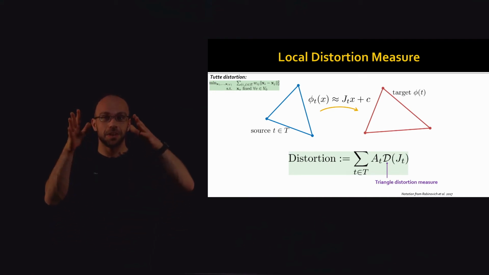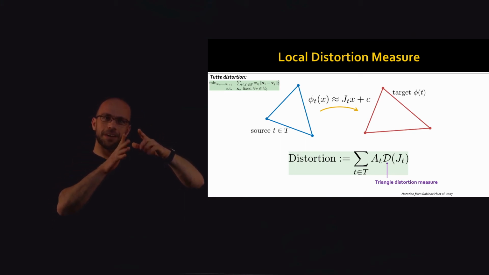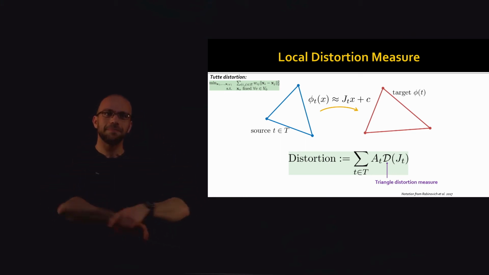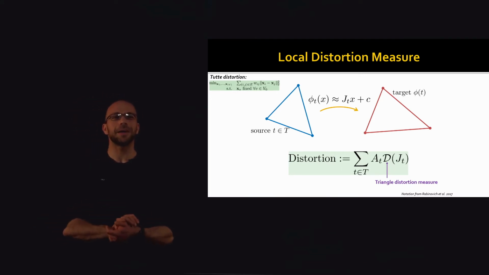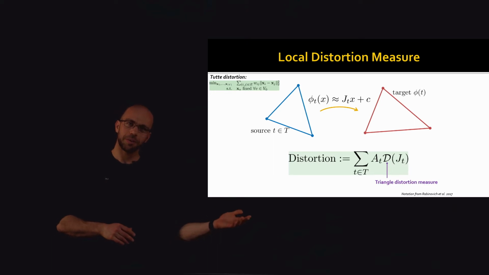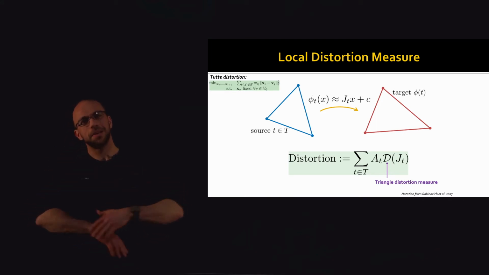Which is telling you for each triangle on my 3D surface, maybe it's already cut into this topology, where should its vertices go in the plane? So all of these algorithms have a very similar flavor. They're optimizing some distortion measure like what you see on the slide here, where it's just the sum over all the triangles of the area of the triangle times some notion of the distortion of that triangle when it's mapped from 3D into the plane.